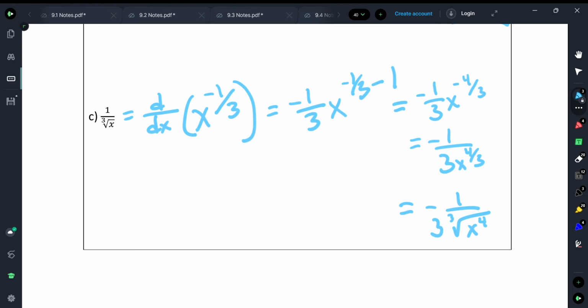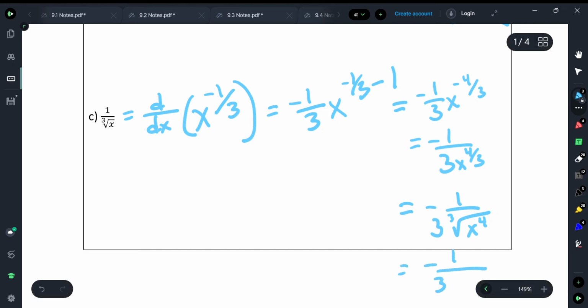That can be simplified, right? So we could do that or we could leave it. An x is going to come out, and this is going to be x times the cube root of x, because any triples are going to come out, and this is still the third root right there. Not x to the third, it's the third root.